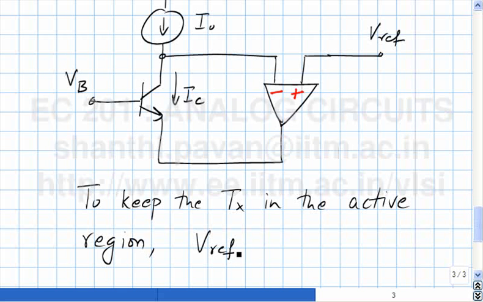Vref must be greater than VB. The collector must be higher than the base. The lowest the collector can go without the transistor getting into the saturation region is the base voltage.